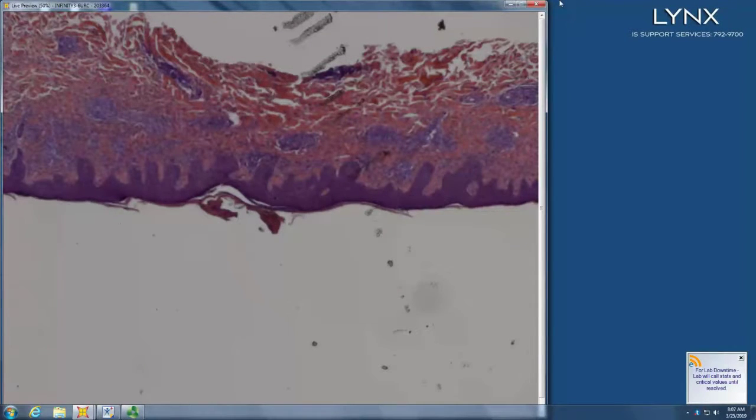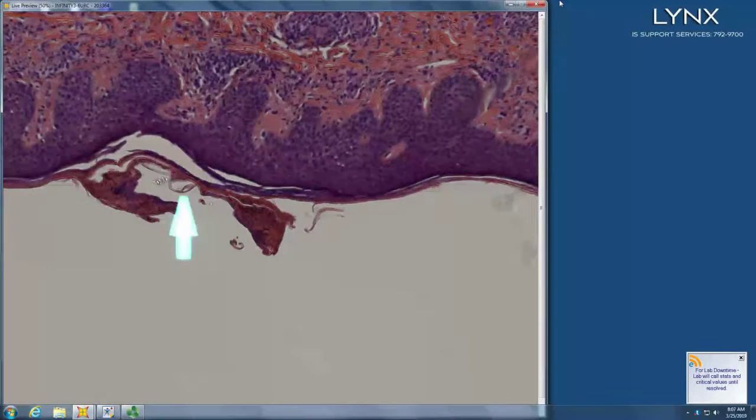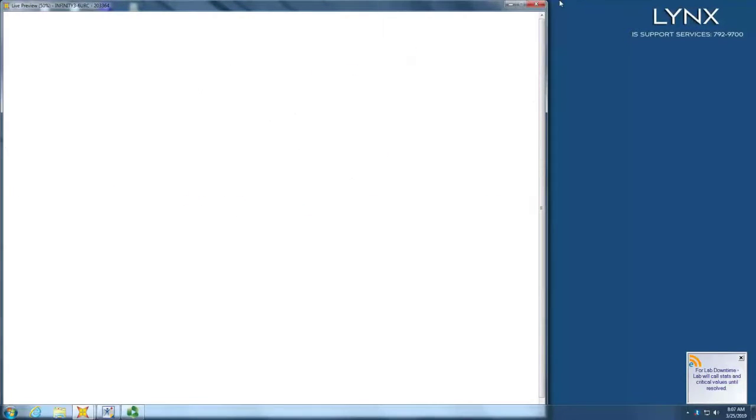So superficial perivascular, looks like a lymphoid infiltrate. Doesn't really look like it makes it up to the junction. Yeah, that's scabies. Yes, it is.